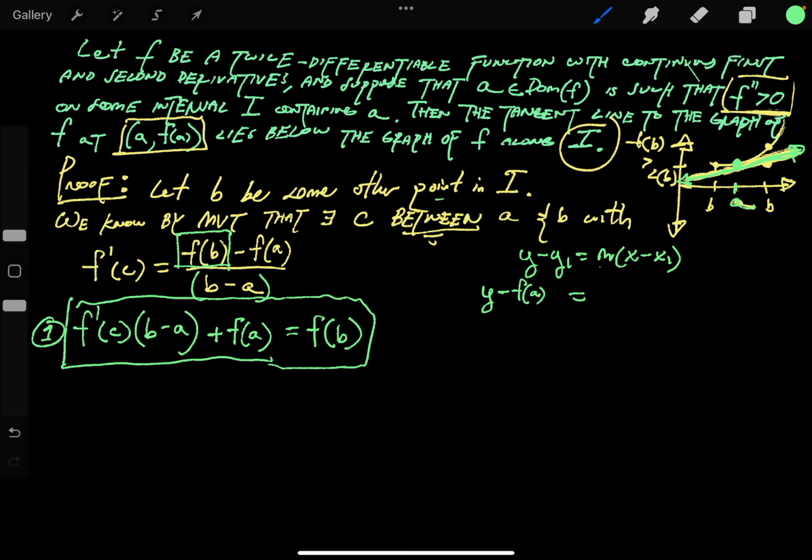Now m. Let's think about m for a second. Then x minus a, right? Now, x1 is a, because this is the x value right here. What is the slope of this tangent line right here? Well, we should really understand that it's f prime of a.